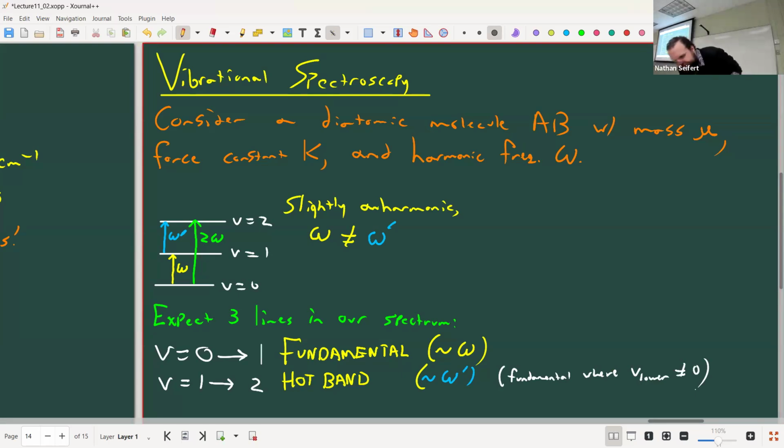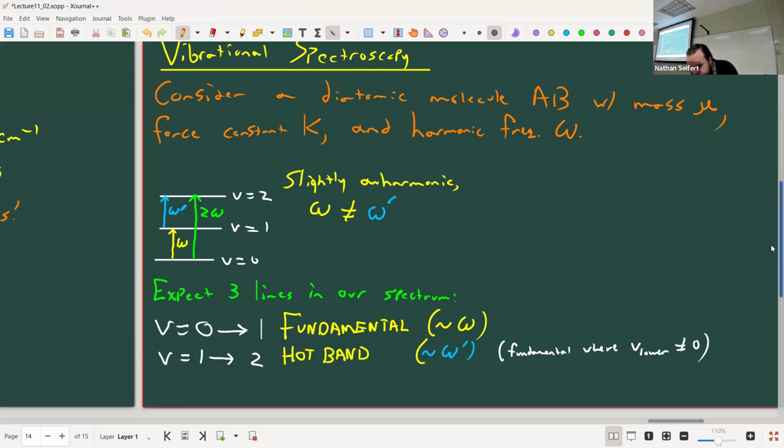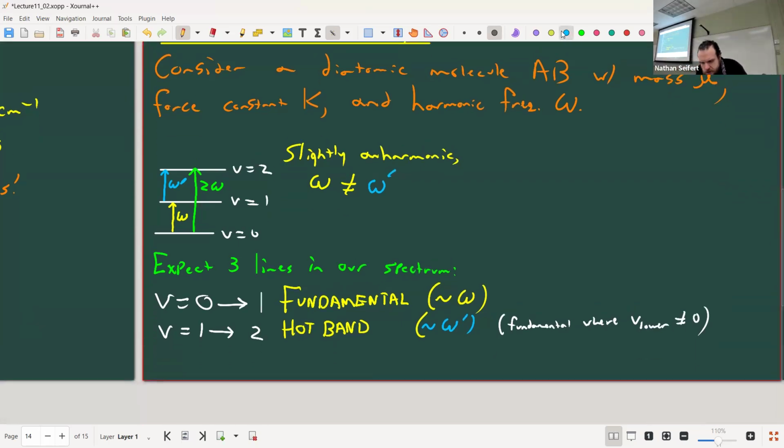And then finally, there's the other transition, which is at roughly 2 omega, which is the V equals 0 to 2. This is what's called the first overtone, which is borrowed from acoustics. It's roughly at omega prime plus omega, which is approximately 2 omega.